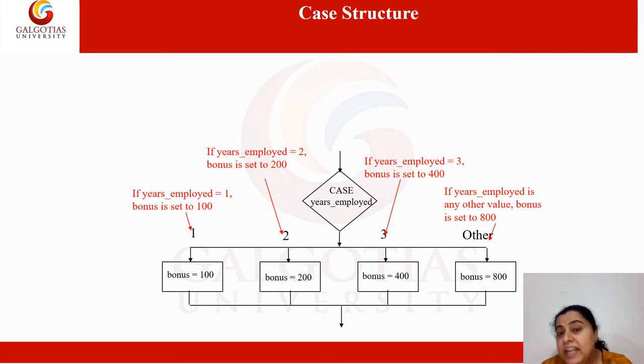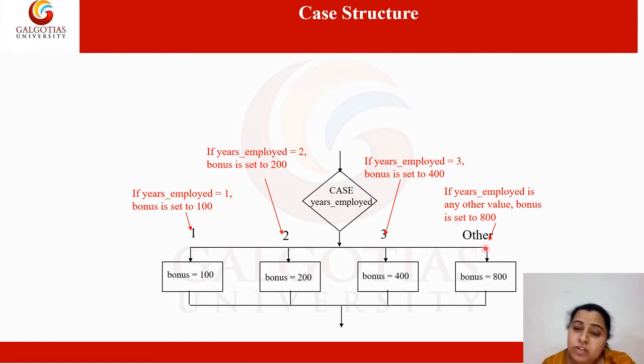That's a case structure. So what we are going to do in this case is, case years employed. Now, what are the options? 1, 2, 3 and other. Earlier in the decision box, we were only using 2 options, yes or no. But in this case, our options are not yes and no. Our options are 1, 2, 3 or any other.